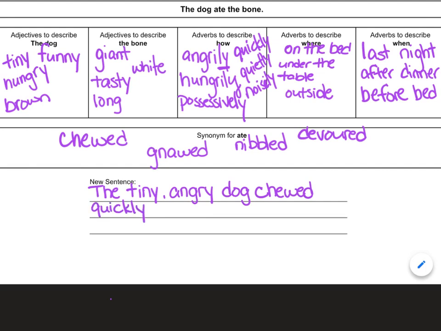All right, so now I'm looking at my where and my when. I'm going to say the tiny angry dog chewed quickly on the bone, or on the giant bone. But if I look at when, last night, the tiny angry dog chewed quickly last night, that doesn't make sense. I think I want to put that at the beginning of my sentence.